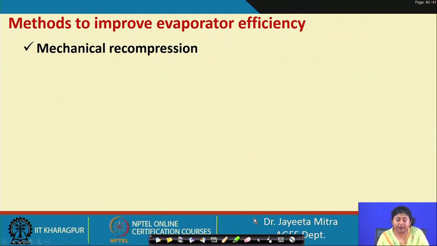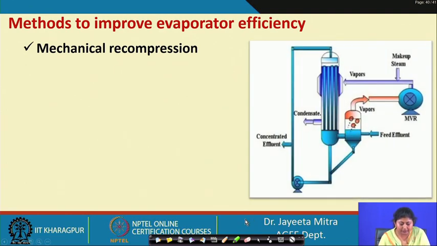So, the vapor recompression can be of two types. One is the mechanical vapor recompression, another is the thermal vapor recompression. So, mechanical vapor recompression.